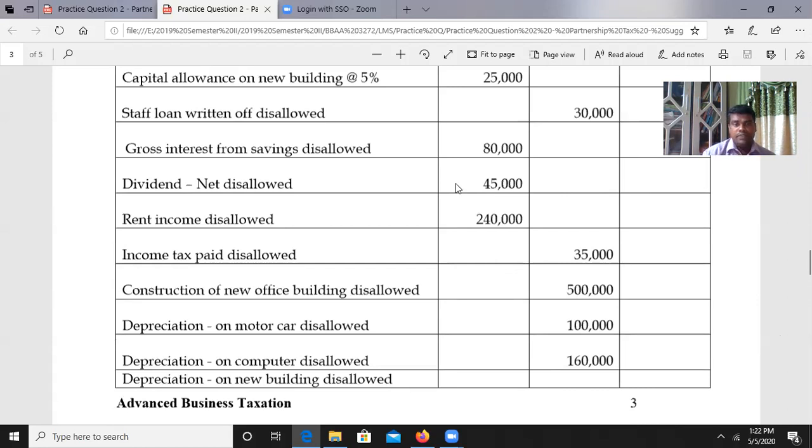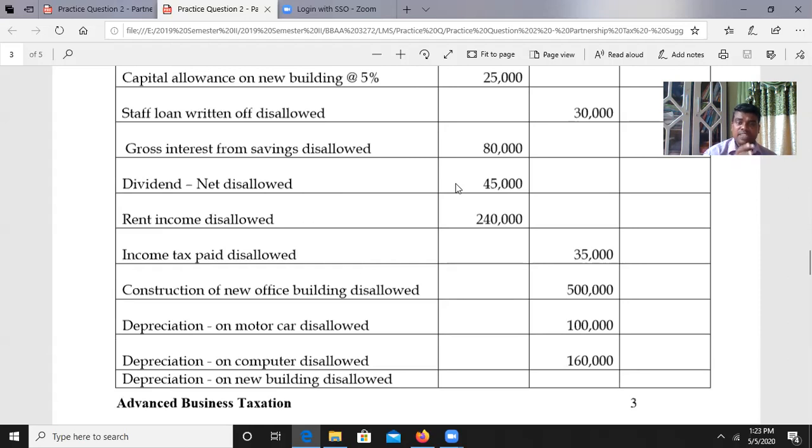At this point, we need to remember that any income which is not related with the nature and the purpose of the business should be excluded from the accounting profit. Gross and net should be considered when we are calculating the investment income. But here, we just need to consider whether it is related with the nature and the purpose of the business.